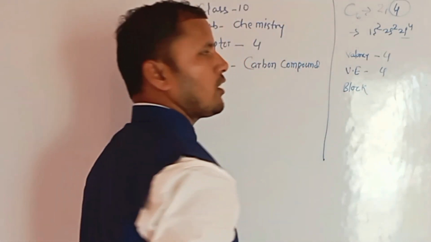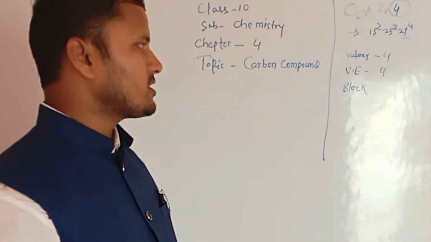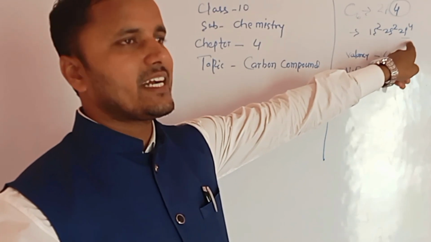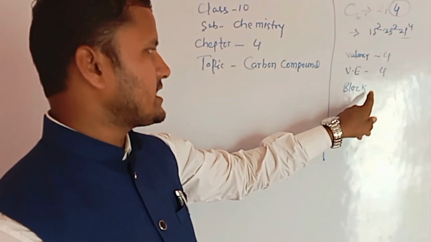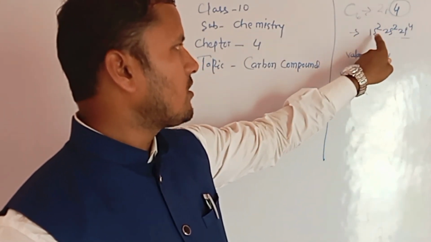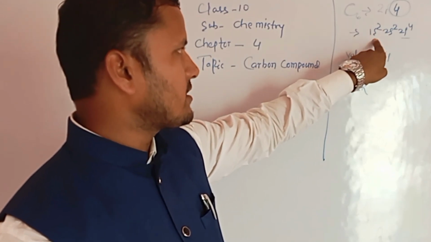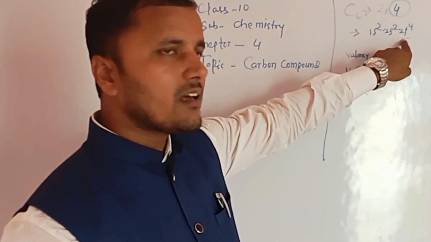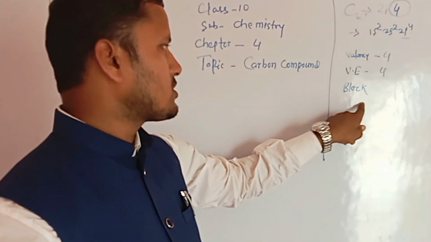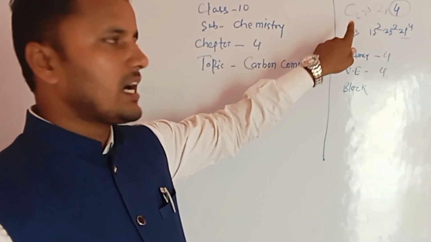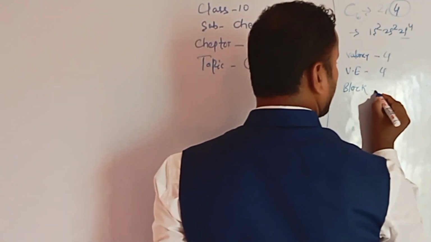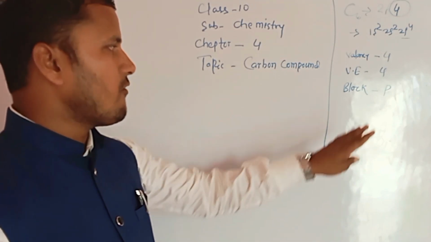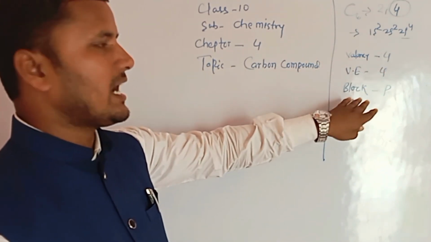How to find the block of any element? The block is where the last electron is present. This is present in the p block. S block, first orbit S block. This is also S block, and this is a p block. So carbon occurs in block P. Understand?